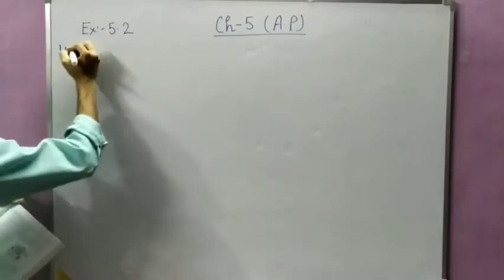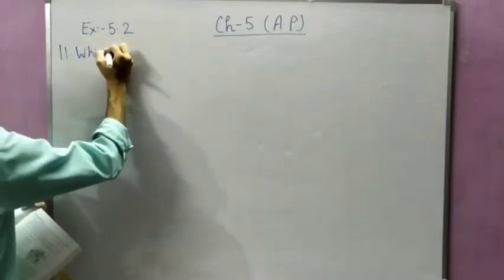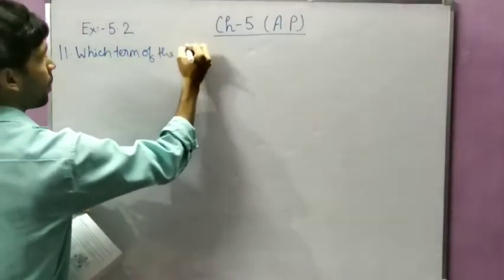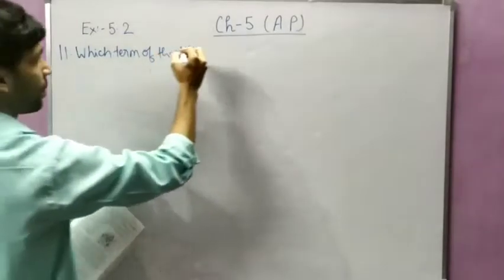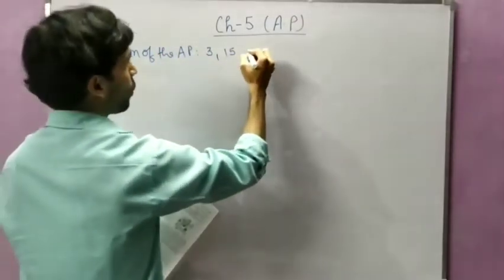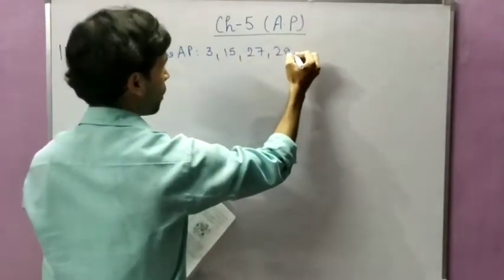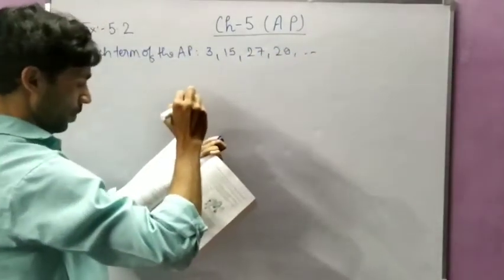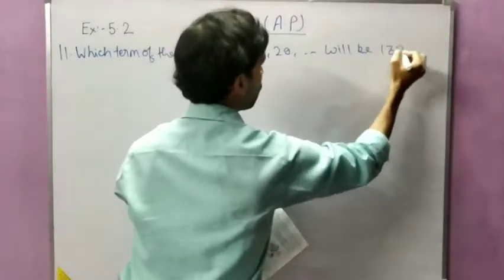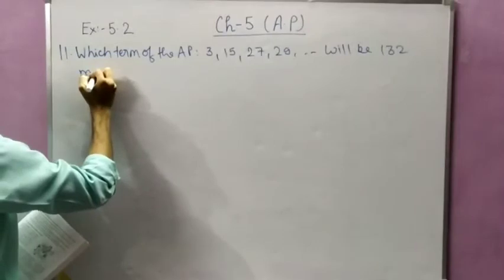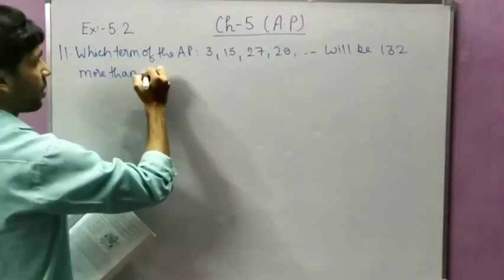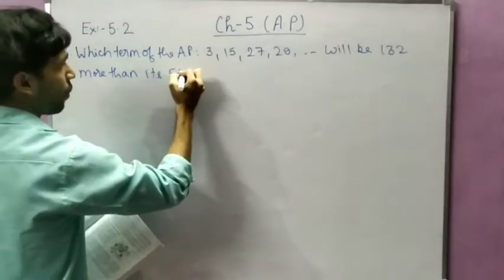I can write the question. Which term of the AP 3, 15, 27, 39... will be 132 more than its 54th term?